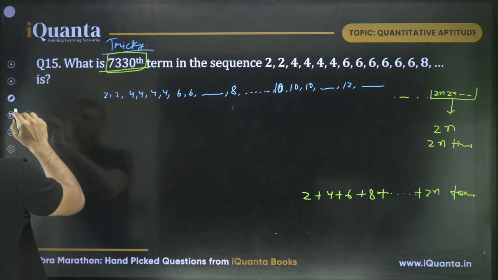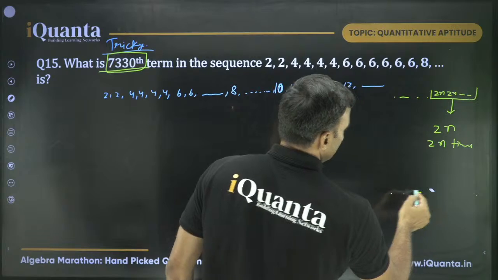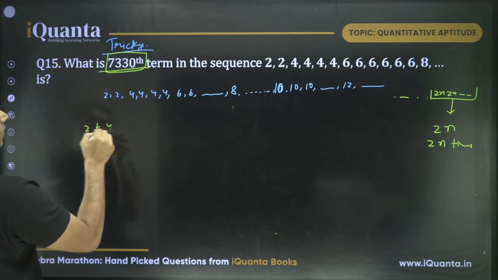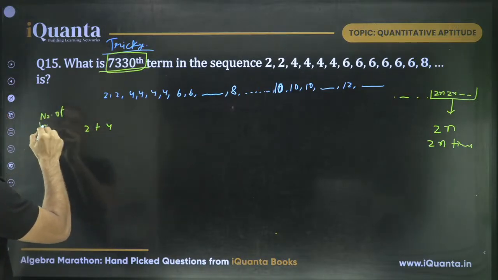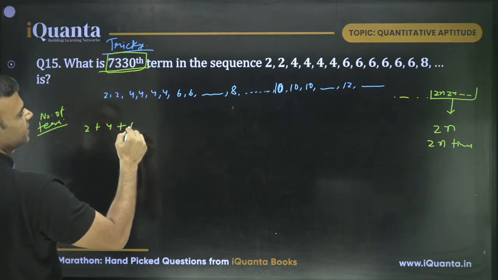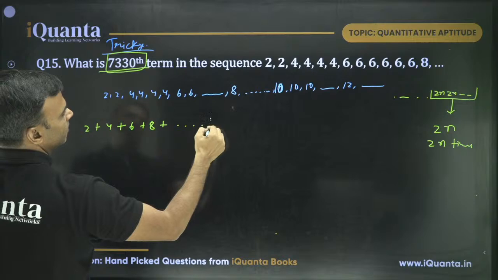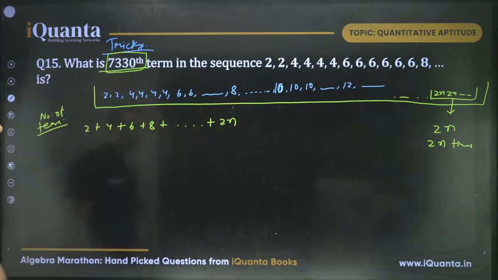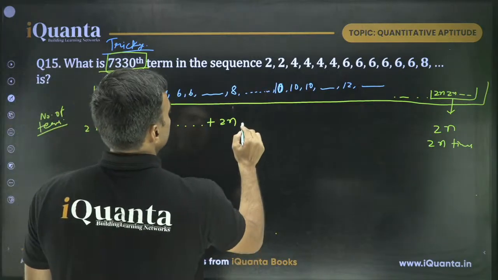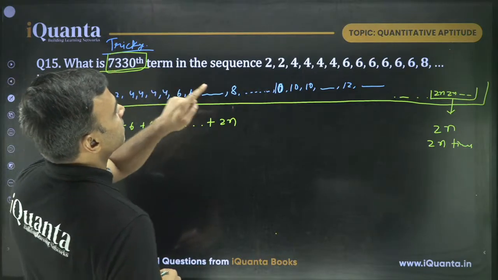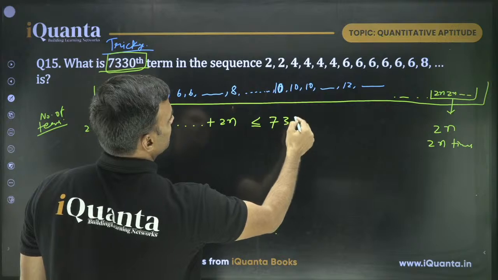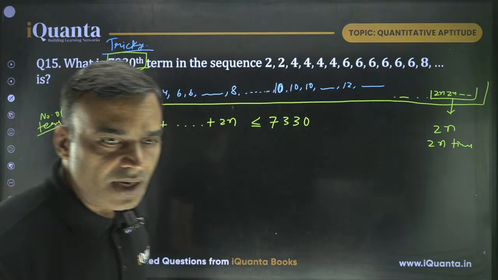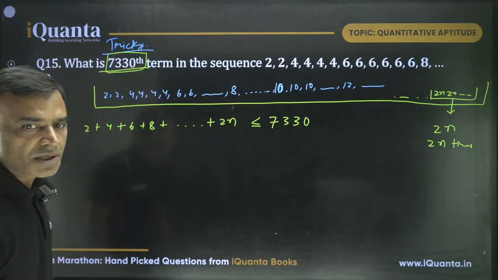So we have the number of terms up to this, it is 2 plus 4 plus 6 plus 8 up to 2n. This is the total number of terms up to this. ठीक है? This should be less than or equal to 7330. यहाँ तक जाना है हमको? वाह, सबने निकाल दिया. Very good, very good. आंचल, मेघा, श्रीराम, you guys are correct.